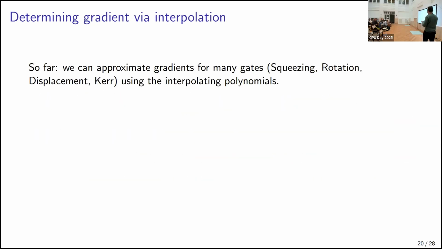And so far, what we have done is that we have determined the interpolating functions for the squeezing gate. For the rotation gate, we already had it, basically. For the displacement gate, we determined it, and for the Kerr, we use the same as for the rotation, but we increase the number of frequencies.